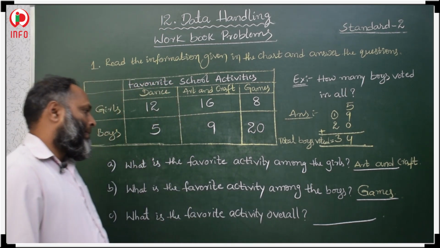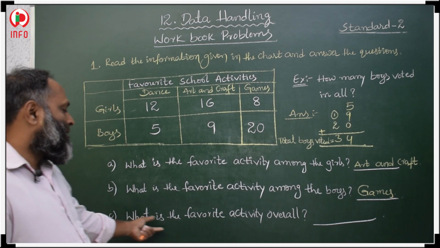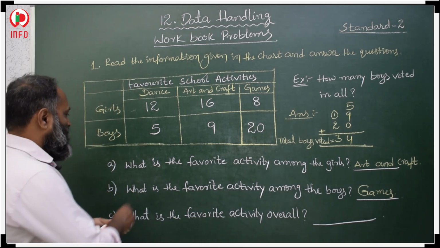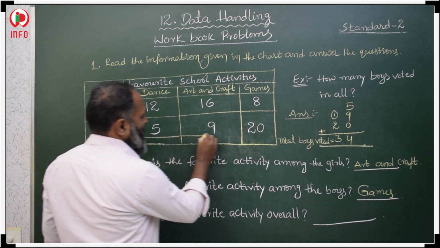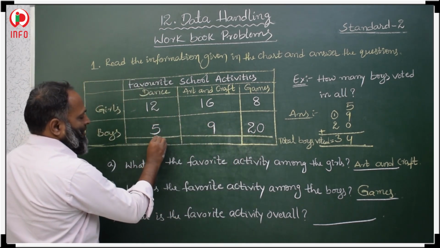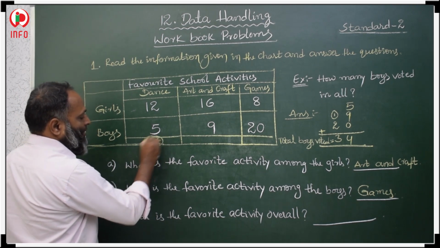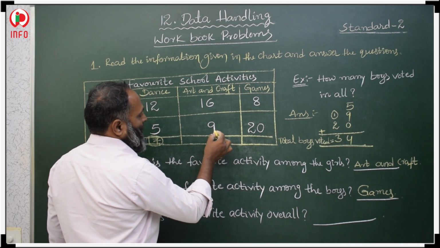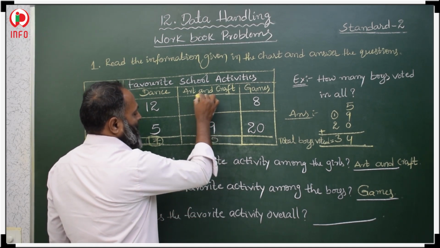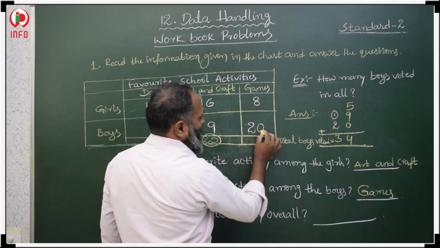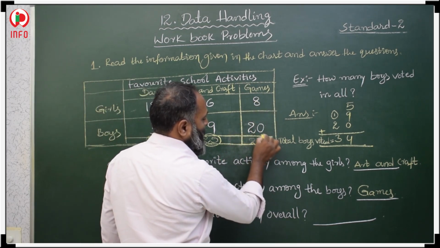The next one: what is the favorite activity overall? Overall means we should add here. In the last column we should add 5 plus 2, 6, 7, 17. In the first column, 17, 9, 10, 5, 1 here, 25. Then 8 and 2, 28.